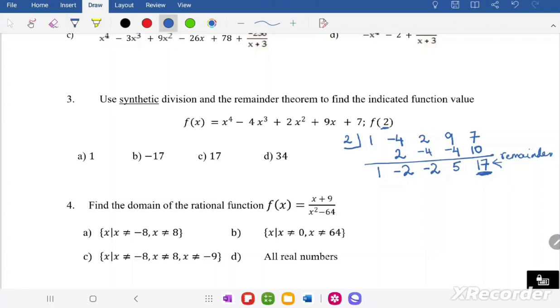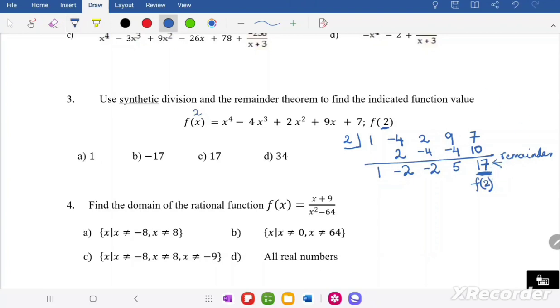So based on the remainder theorem, the f of 2, all right, if we took this 2, which we performed the synthetic division with, and plug it into f of x in the function wherever there is x, if we replace all the x values with 2 and evaluate the function, we are going to get a value equal to whatever the remainder is from the division.